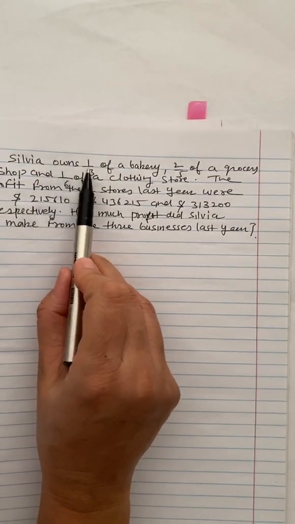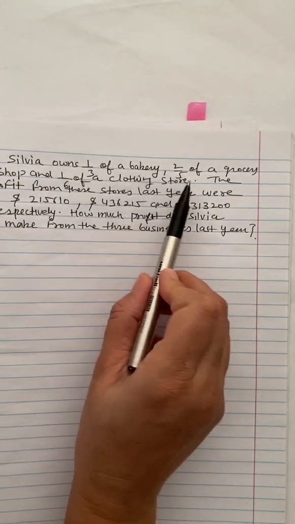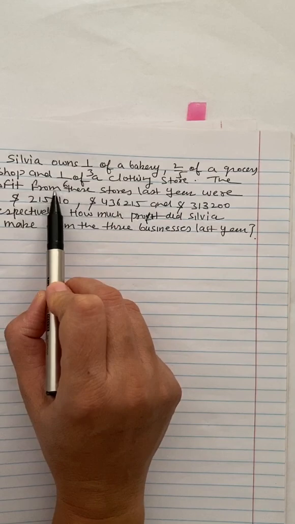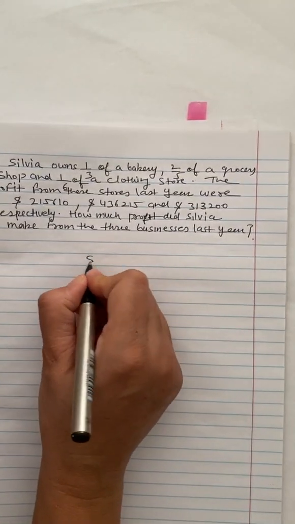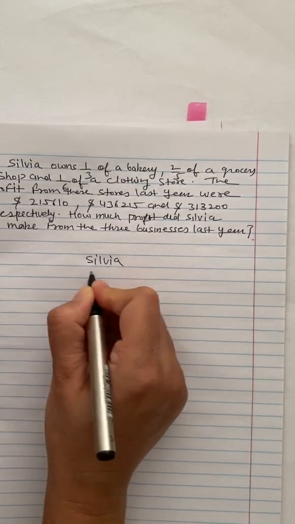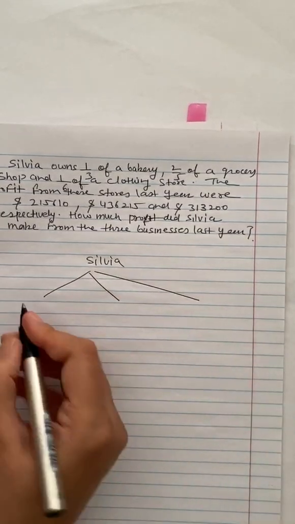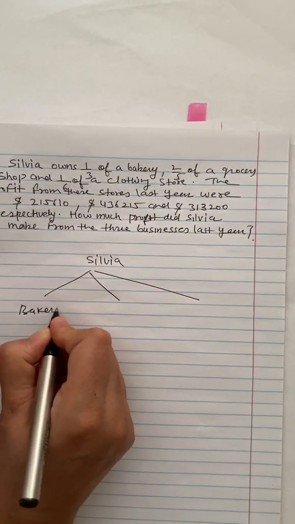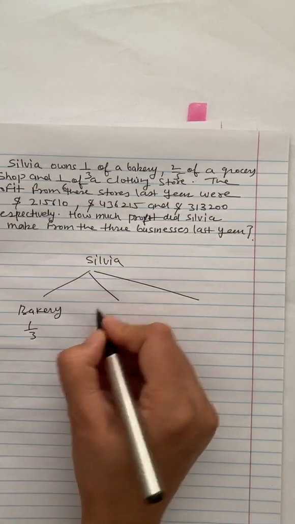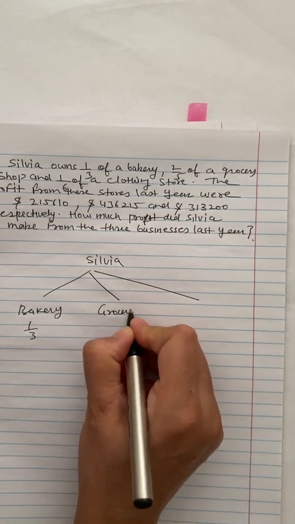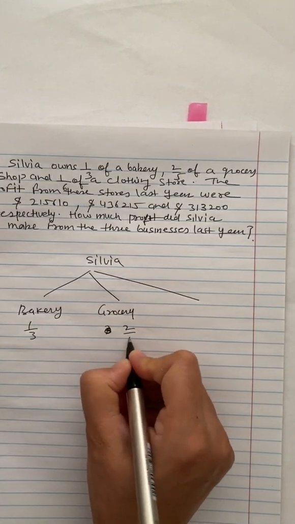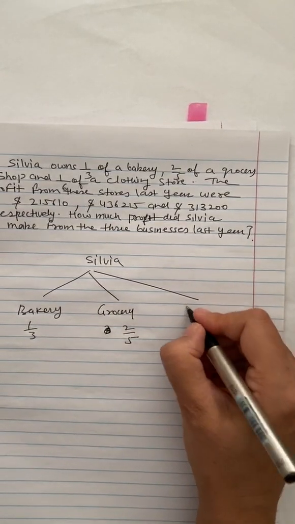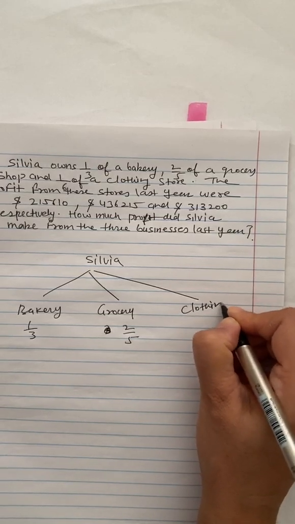Okay, the last one is: Sylvia owns 1/3 of a bakery, 2/5 of a grocery shop, and 1/6 of a clothing store. So Sylvia is 1/3 owner of the bakery shop, 2/5 owner of the grocery shop, and 1/6 owner of the clothing store.